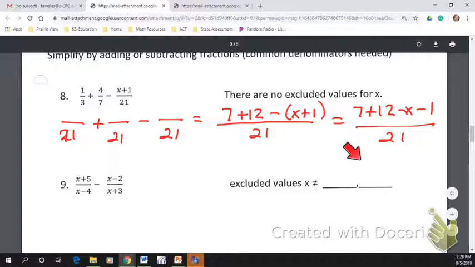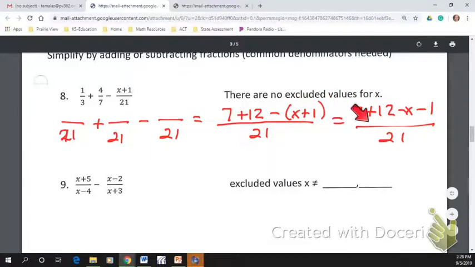Why'd you do the parentheses x plus 1? Because this negative right here goes with all of this, not just the x. If you leave off the parentheses, most people forget to distribute the negative to this right here. So by having this in your notes, I'm hoping to reiterate when you look back. And then I distributed that.